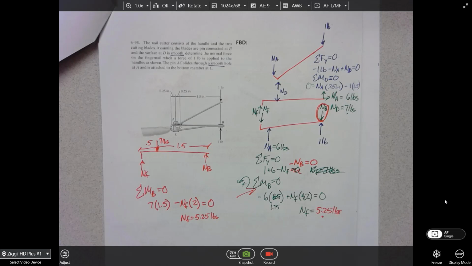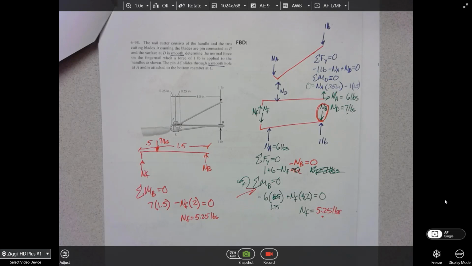Then let's come down and look at this guy. At the bottom of this guy, we're going to have some normal of the finger, we'll call it. Right? And we can do the same thing. Sum of the forces in the y direction has to be equal to 0.